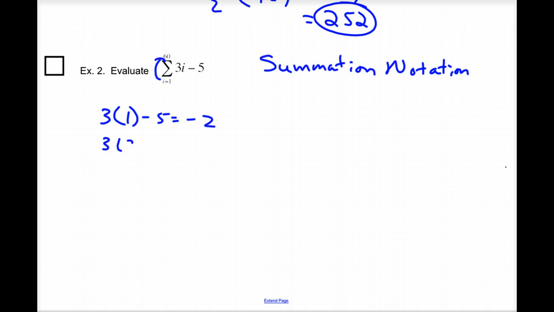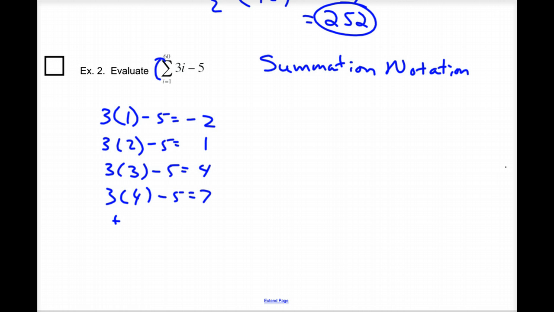So I would plug in 2, I'd get 1, I'd plug in 3, I'd get 4, I'd plug in 4, I'd get 7, and we're going to keep doing this until we plug in 60, where I get 180 minus 5, it's 175. This is sigma, it's a Greek letter, and all that's telling us to do is to add these up.